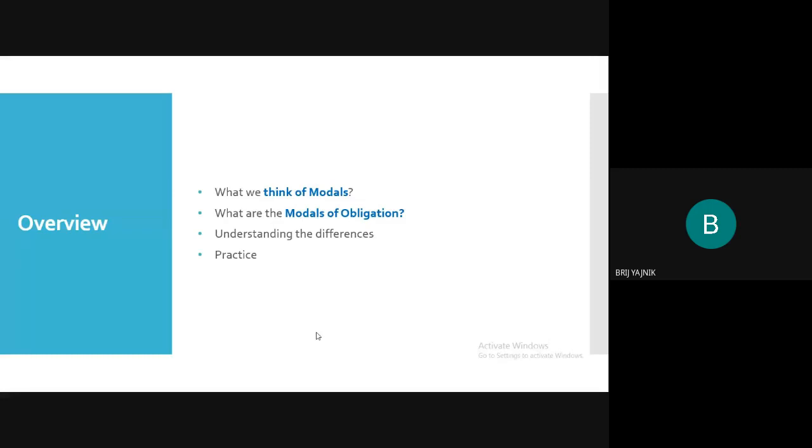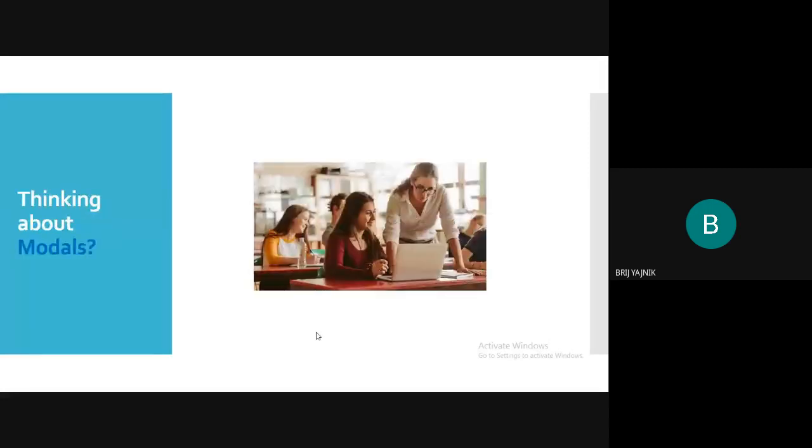So first things first, let's think about the models. When we are thinking about the models, I have a question to ask you. First I need to know which models you think are the models of obligations. So I'm sharing a link with you, and in that link you are going to make 4 entries, because there are only 4 models of obligations.